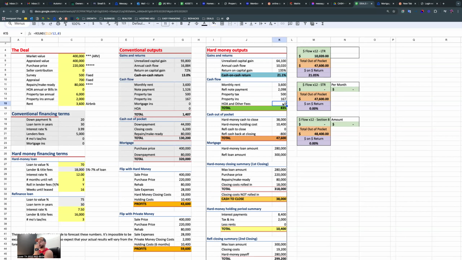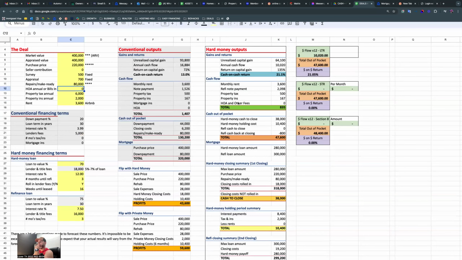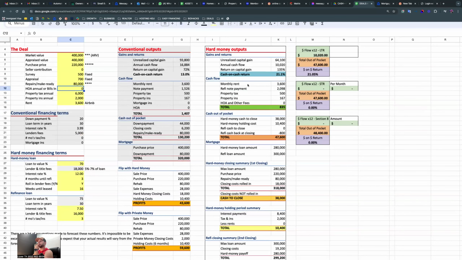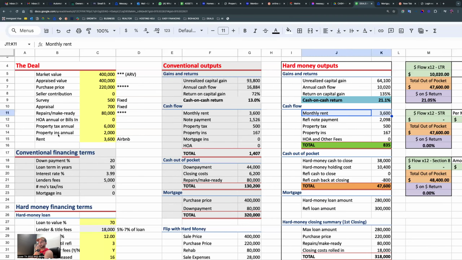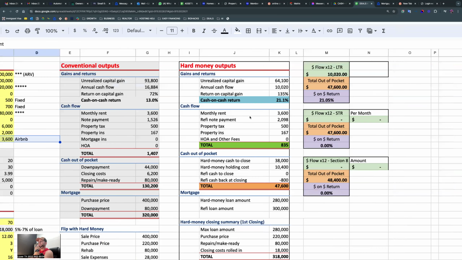You can add the HOA right here on the left side too, on the yellow side. Everything will be subtracted from the monthly rent that you previously added on the rent side. That will give you a total.